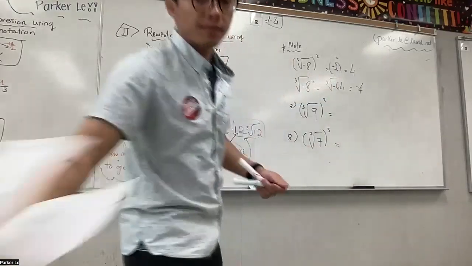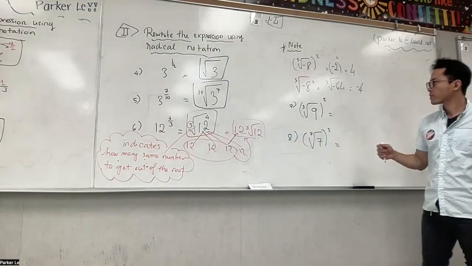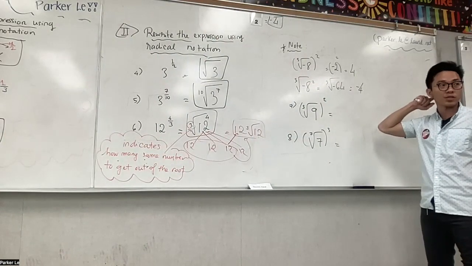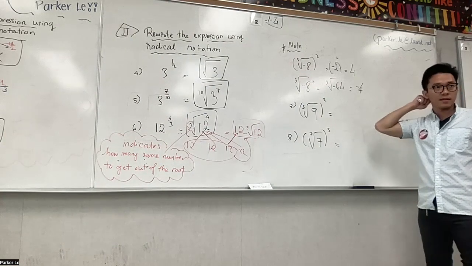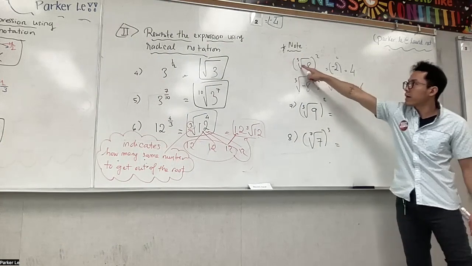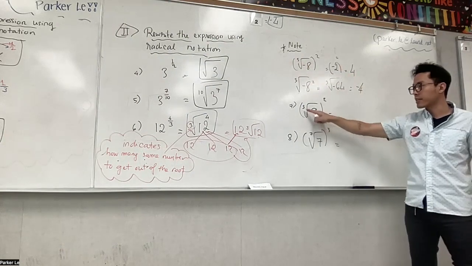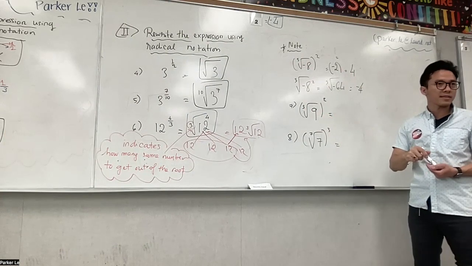Okay, what is this? What is it equal to? This one you can do: the cube root of negative 8 is negative 2, but this one you cannot do. The cube root of 9, right? What is the cube root of 9?